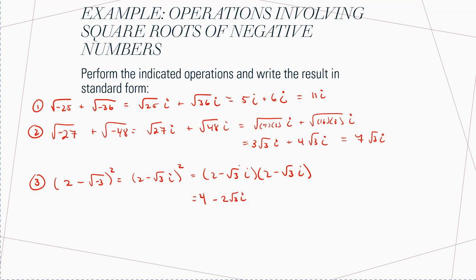Now look here. So this also becomes minus 2 square root of 3 i. Now this is interesting. Okay, minus times minus becomes a positive. Square root of 3 times square root of 3, well, that becomes the square root of 9, which is just 3. And then i times i becomes i squared. Well, what's i squared?